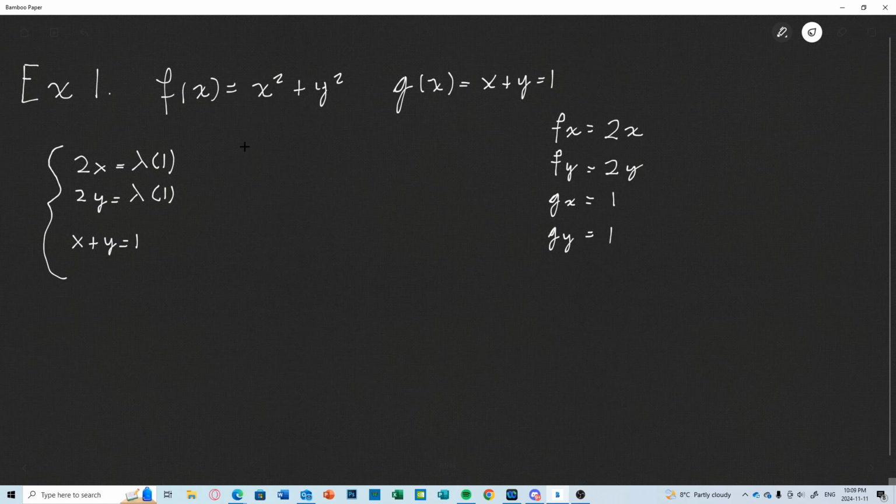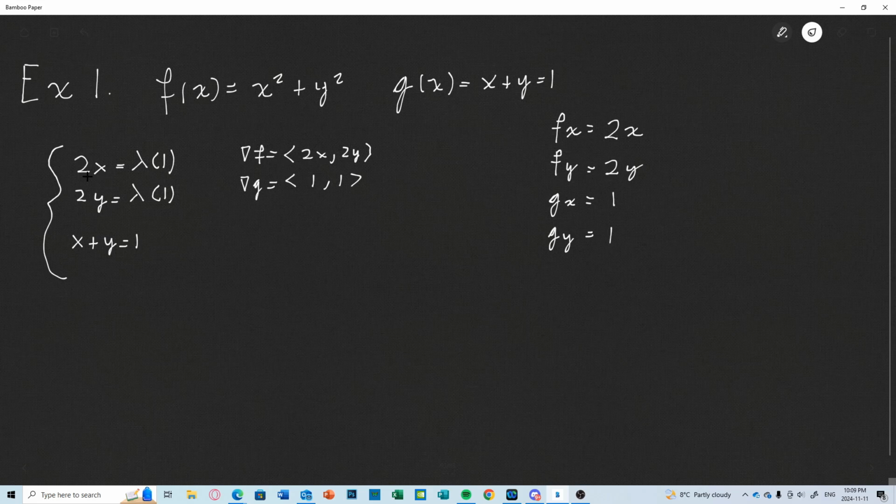If you want to write this out, our gradient of f is equal to 2x and 2y, and we're setting this equal to lambda times the gradient of g, which is 1 and 1. Now in Lagrange multipliers, you want to find a way to set our two equations equal to each other.